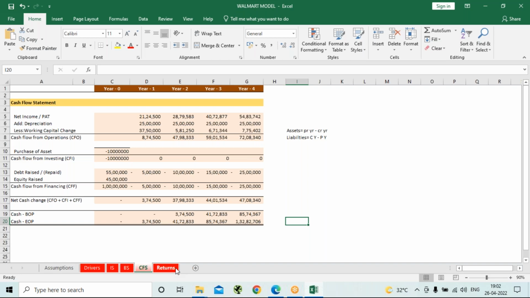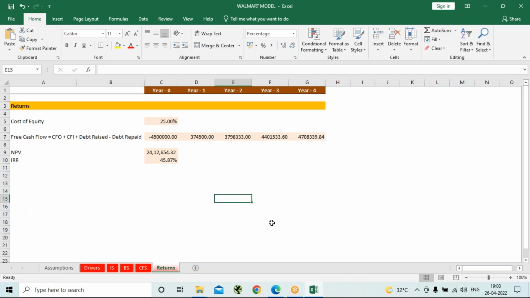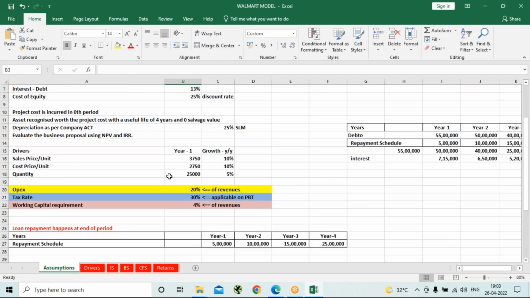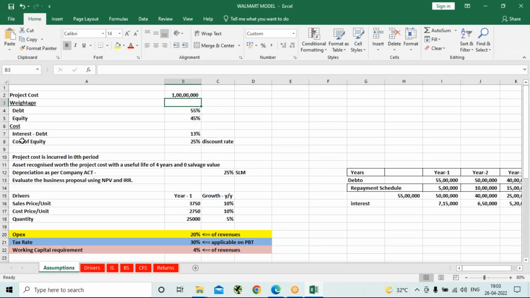Okay, fine. So now by keeping all these values, how can we calculate the returns? So here it has already been assigned. The cost of equity is expected at 25%. You can see it over here.